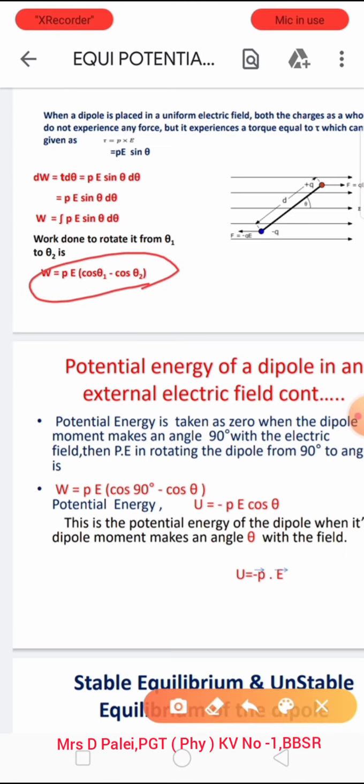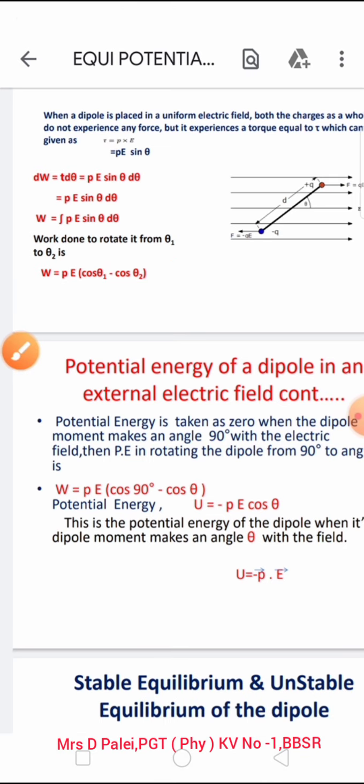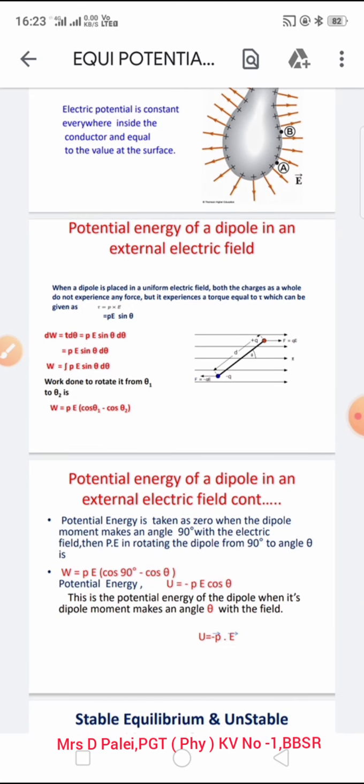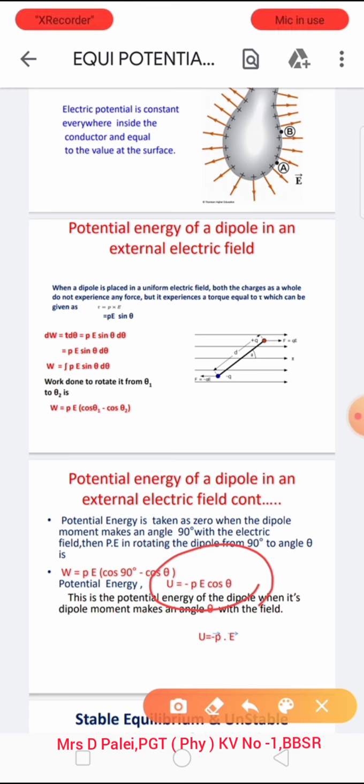Okay. So this is about the potential energy of the dipole in an external electric field. The potential energy of the dipole in position theta is equal to minus PE cos theta, or it can be written as minus P vector dot E vector, because P vector dot E vector is equal to PE cos theta.